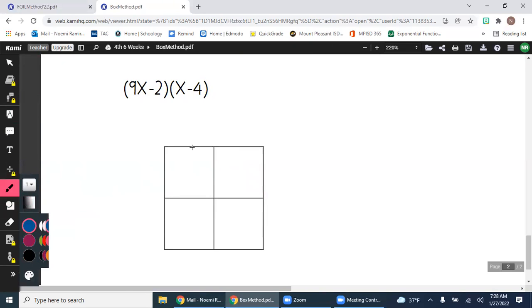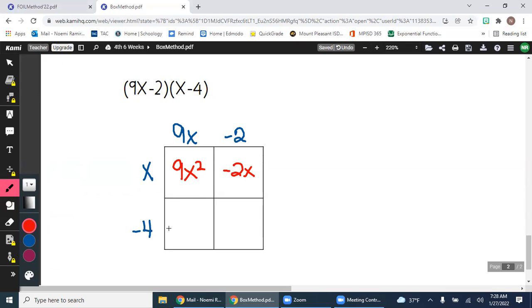So here we go. 9x minus 2, I'm taking the training wheels off, x minus 4. All right, now 9x times x, 9 times 1 is 9, x times x, x squared. Okay, x times -2, -2x, 9x times -4, -36x, and -4 times -2 is a +8.